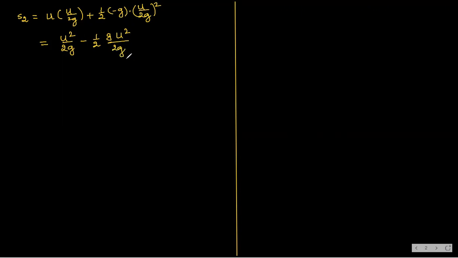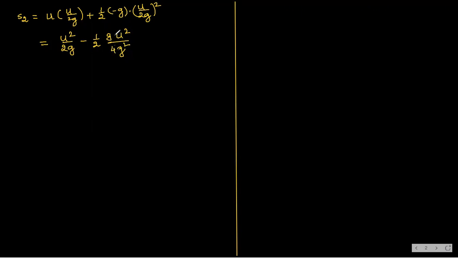It should come 4, not 2. Square we have forgotten. So here you should get 4g square, because down also we have to take the square, right? 4g square. Correct? Check it now.